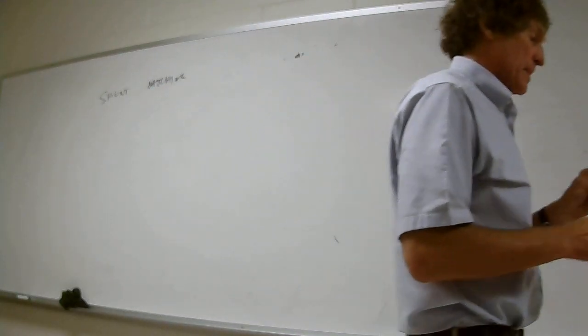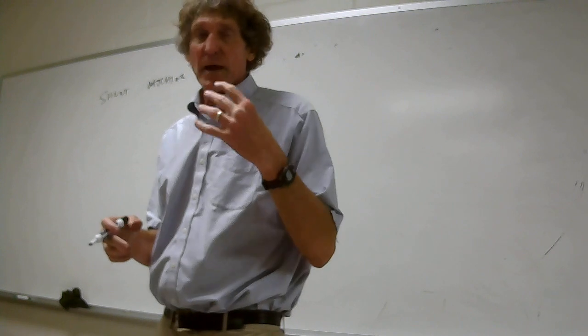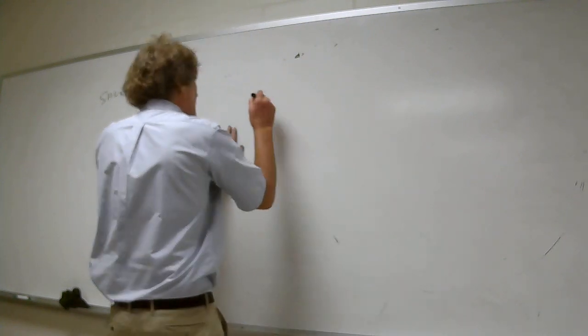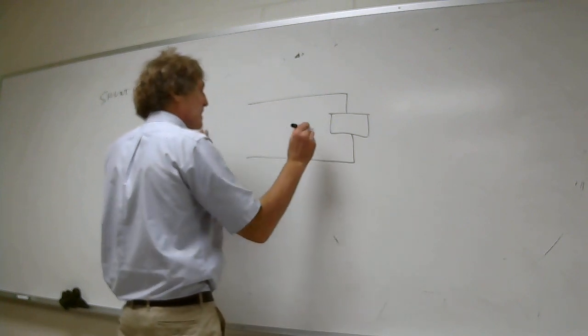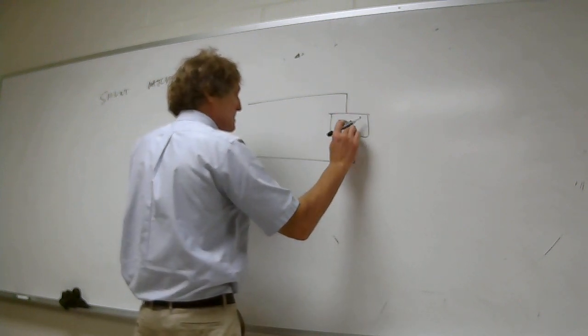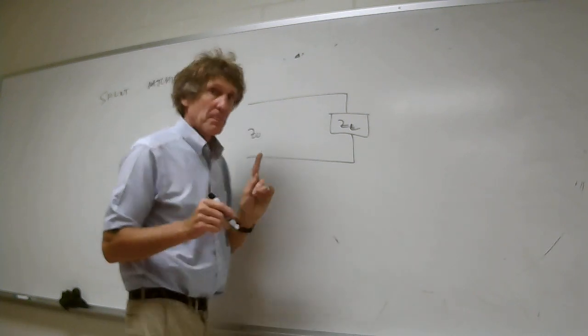Now, here's what happens. When we talk about shunt, it's the same thing as in parallel. So over here we have an impedance ZL, and we have a characteristic impedance of the transmission line, Z naught.